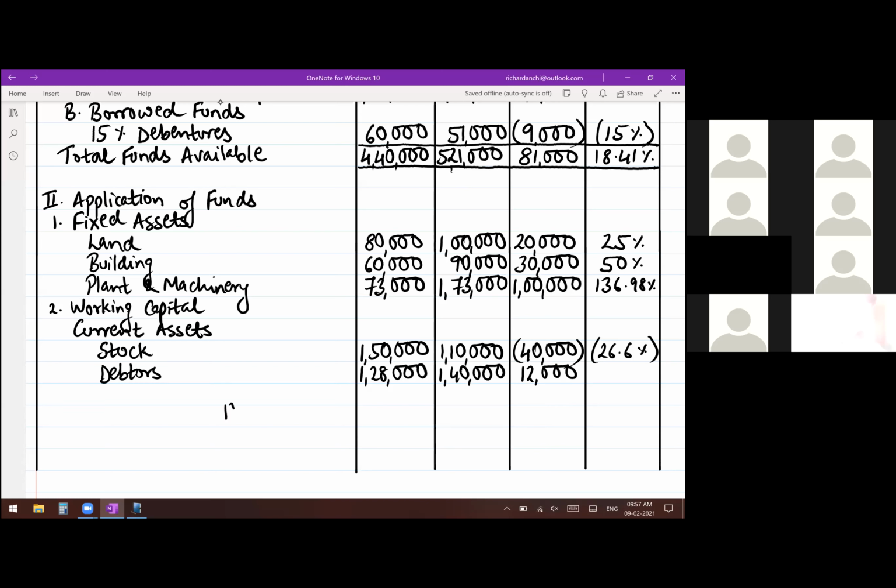Then percentage change, 12,000 divided by 128 into 100.